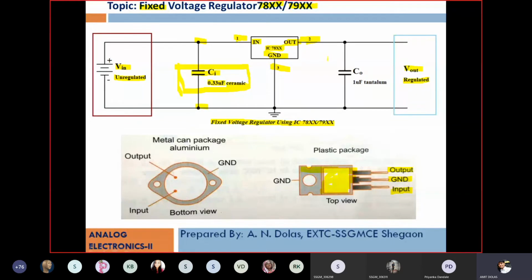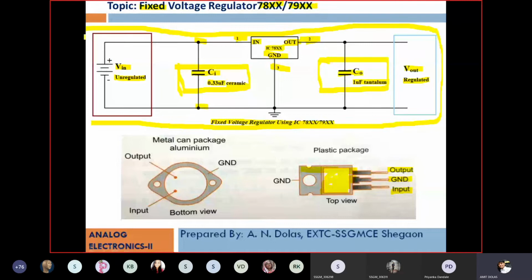Then another capacitor that you can see is the output capacitor CO, which is 1 microfarad tantalum, recommended by the manufacturer to improve the transient response of this regulator. Transient response means how quickly the output will be generated. So this is the circuit diagram for fixed voltage regulator.